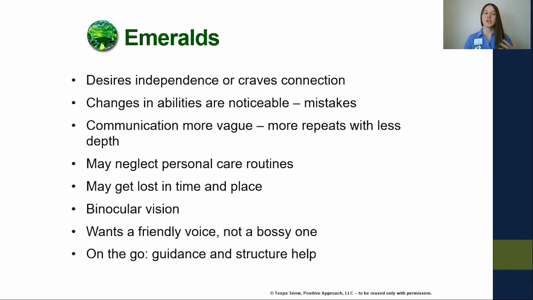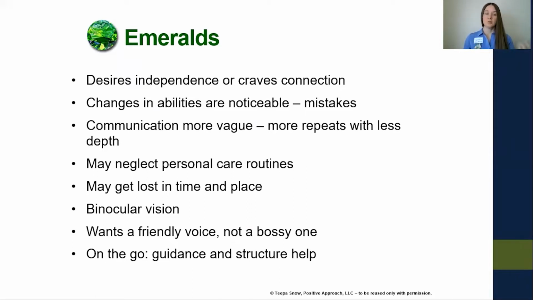They have changes and abilities that are noticeable. They're making clear mistakes. Communication is more vague. They may be more repetitive with less depth to their conversation. They may neglect personal care routines and get lost in time and place. They have binocular vision, and they want people to be friendly with them, not bossy.